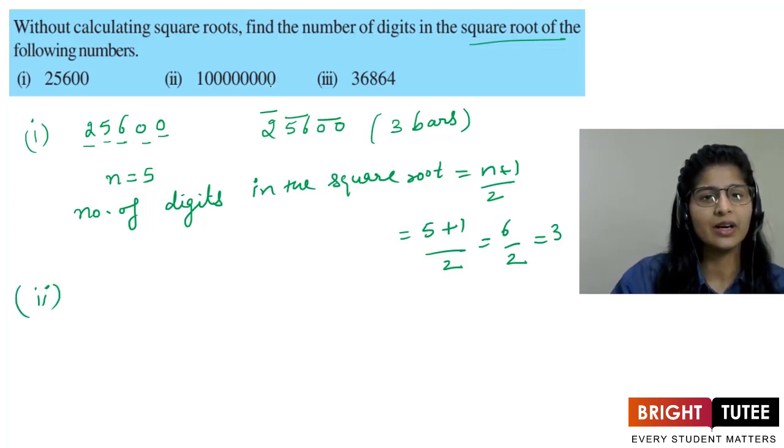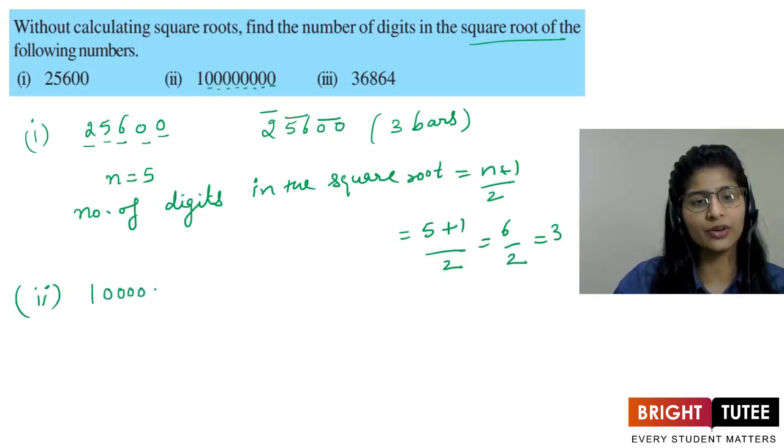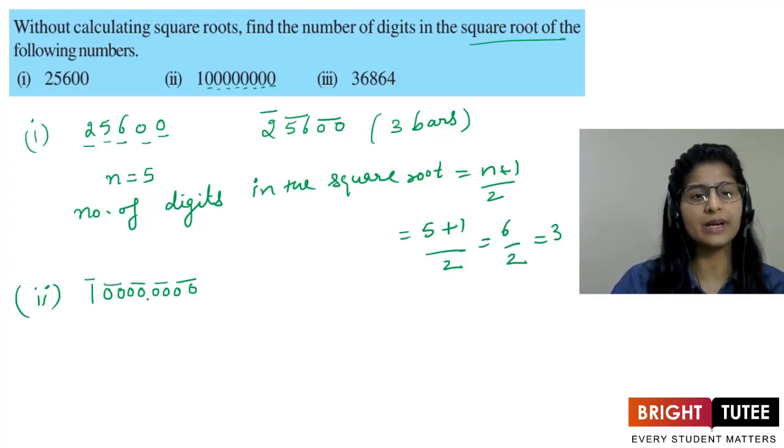In the second one, we have 1, 2, 3, 4, 5, 6, 7, 8, right? 1, 1, 2, 3, 4, 5, 6, 7, 8. Let's try to put the bars. 1, 2, then over these 2, 3, 4 and 5. There are 5 bars. How many numbers? 9. n is equal to 9.